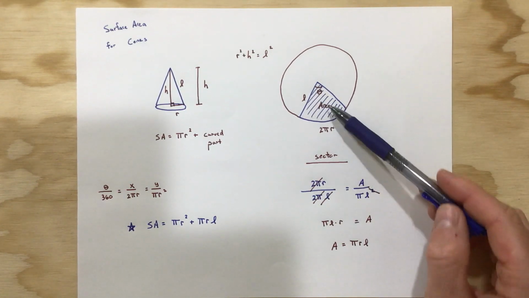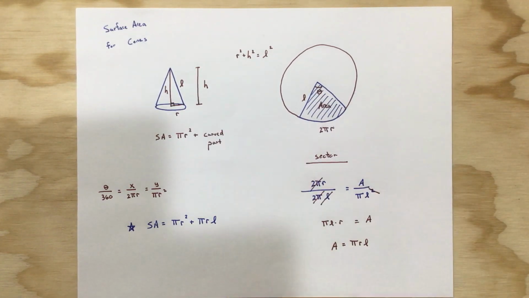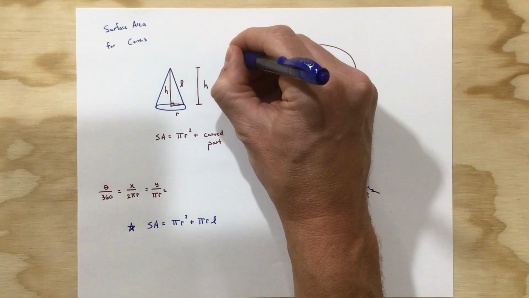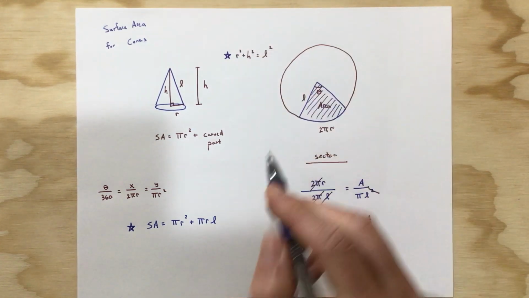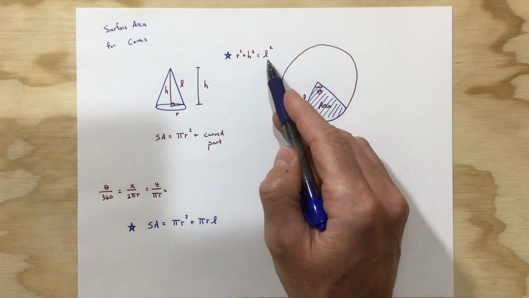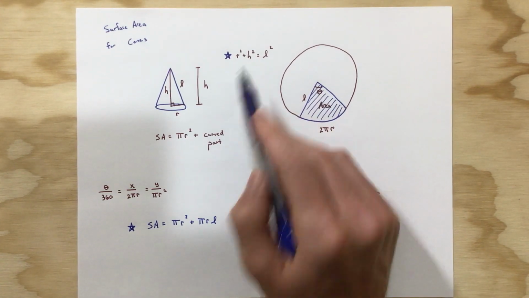I used that proportion to find the sector area, which is the curved part. This is how you find the surface area of a cone. You can use this formula, and if they don't give you the slant height and somehow they give you the radius and the height, well then you can find the slant height if you know the radius and the height.